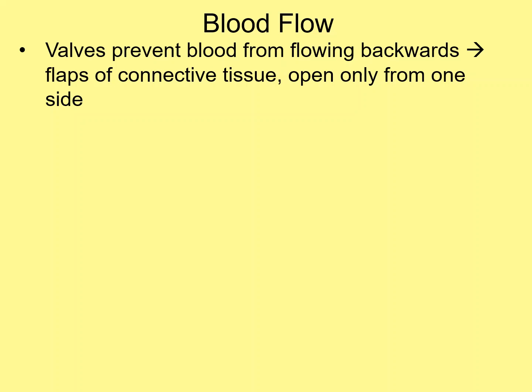So in between your atria and your ventricles are valves, and these valves are basically flaps of connective tissue that are only open from one side. So they're basically a one-way door, and when they shut, they sort of slam back shut. So they don't generally bend backwards, which is a good thing. Usually.